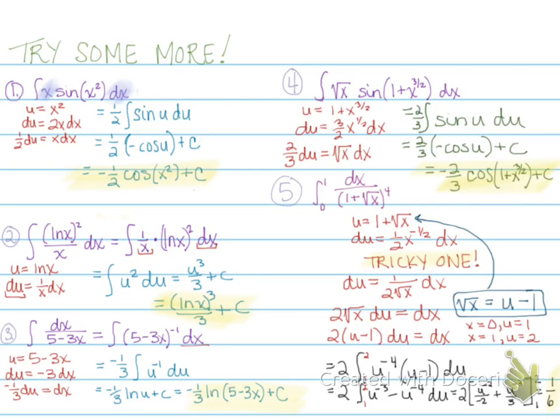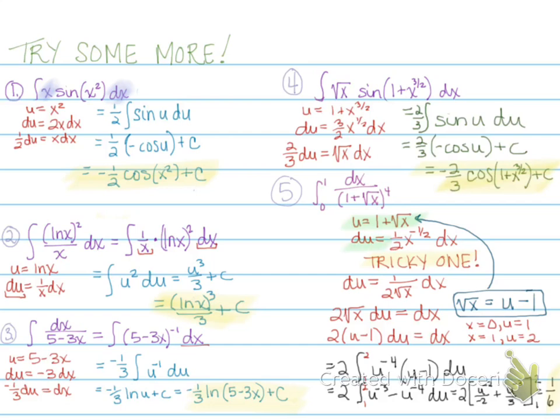Here are the answers to these problems. The one that I want to highlight, all of them are pretty straightforward except for number 5. Pay attention on number 5. We had to do a little more substitution than usual. We let u equal 1 plus square root x, which is what we've been doing all along.